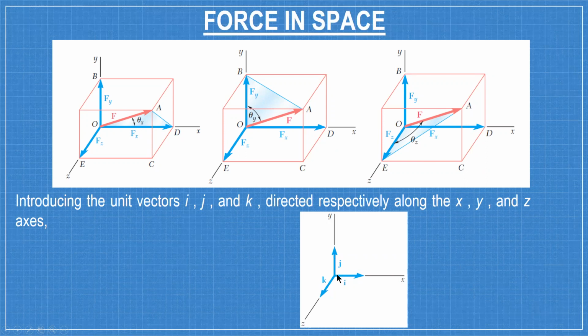So positive i is going this way, positive j is along y, and positive k is along z.